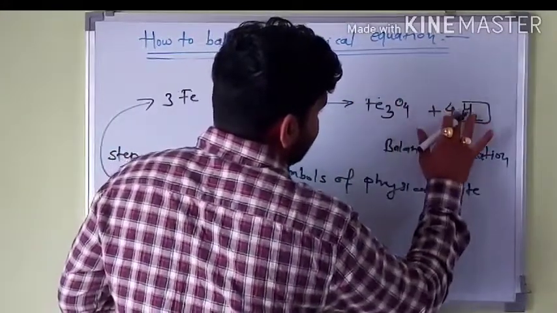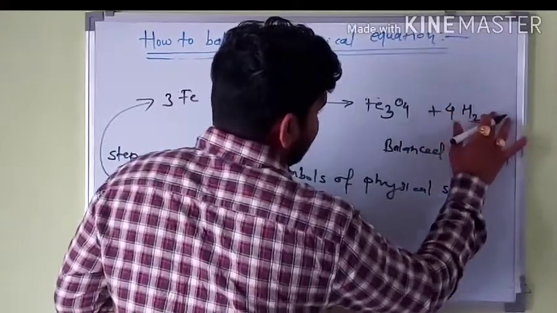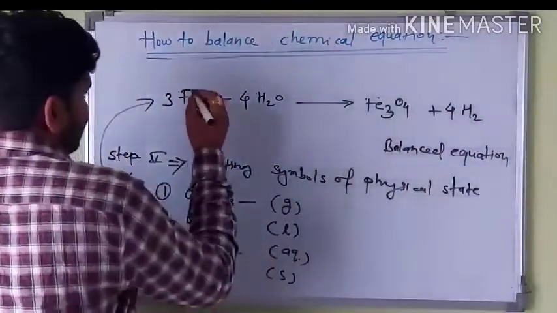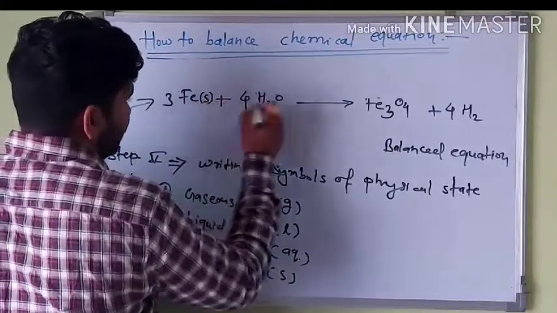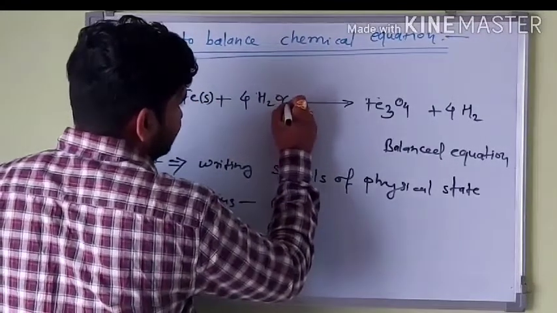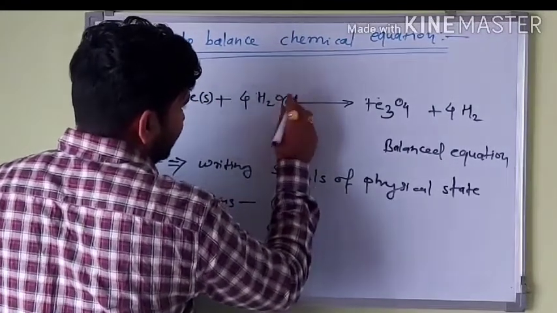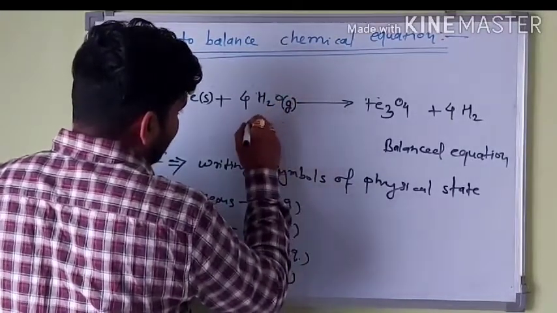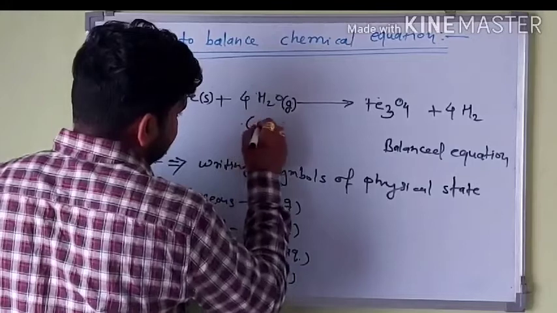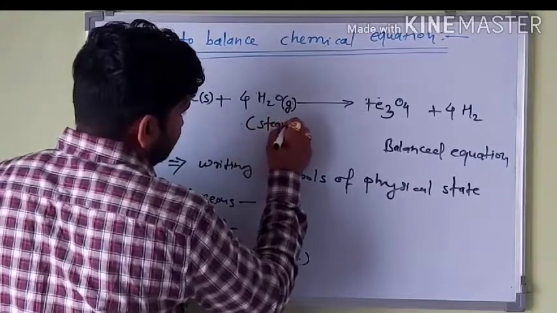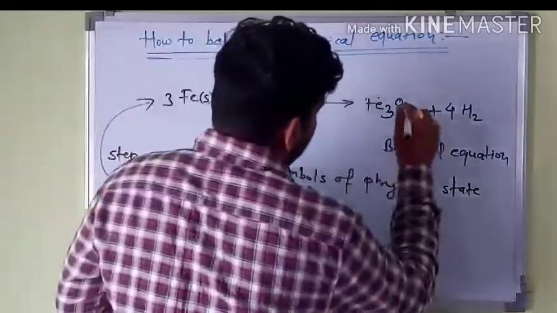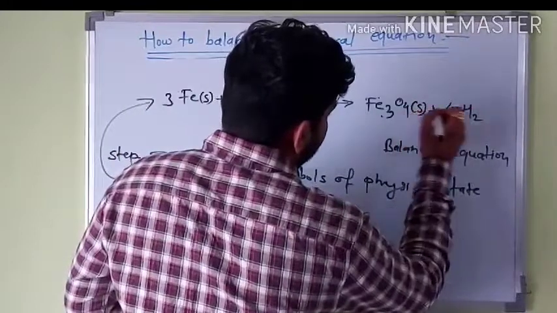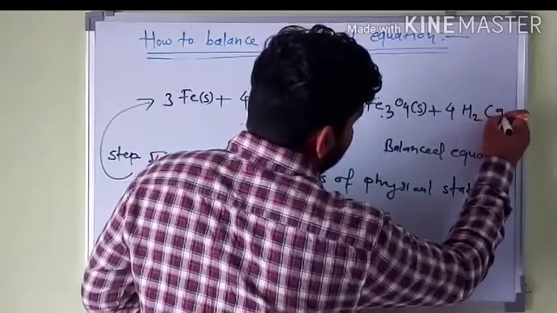Erase it properly and write the states. At this time it is a solid state, this one is the gaseous state, that means H2O in the form of steam. And this one is also solid, and this one is the gaseous state.